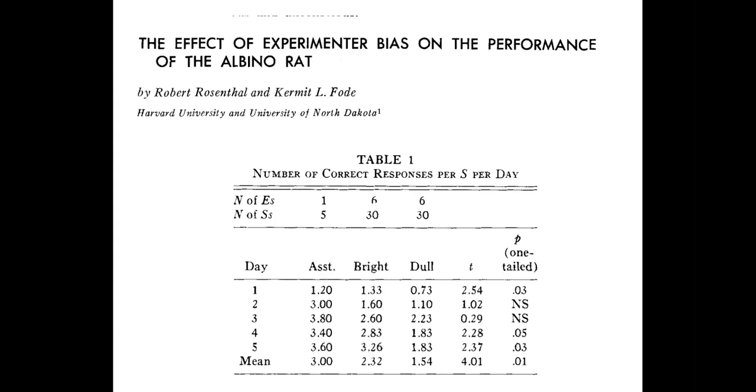This is the title of the paper that was published. If you're interested, I can upload it. But in fact, the participants in that study were the experimenters, and half of them were told that they're going to train bright rats, half of them are told that they're going to train dull rats.